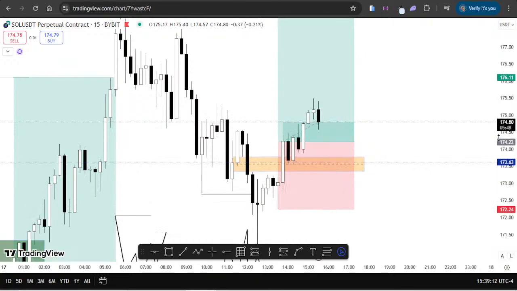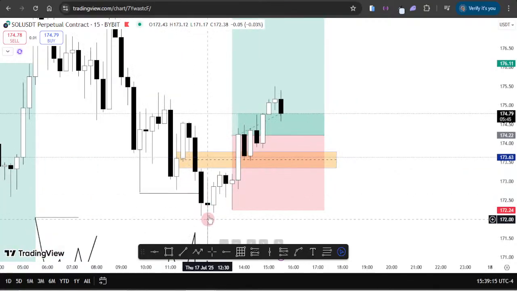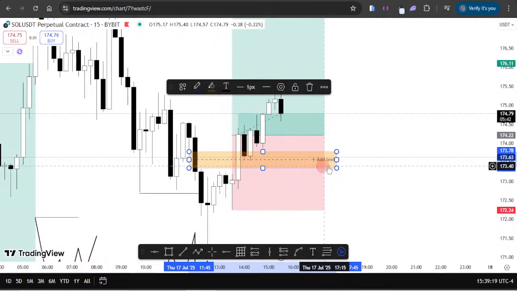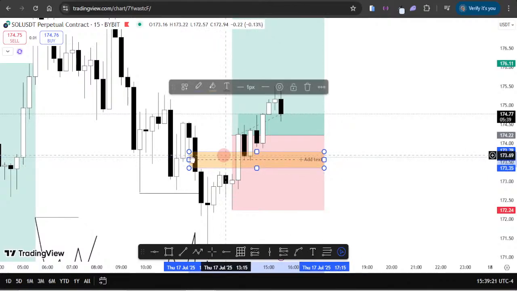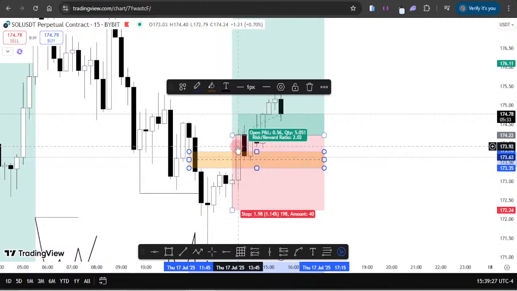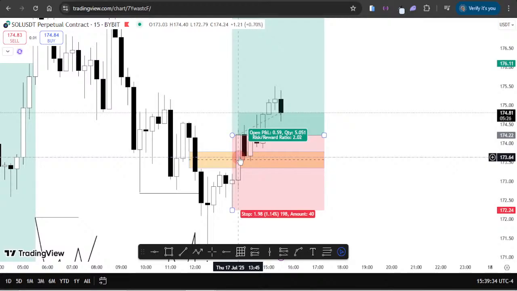It was swept, and during the sweeping of this low, a fair value gap was formed, and this fair value gap was invalidated when this candle closed above the fair value gap. And this blue line is yesterday's daily close.